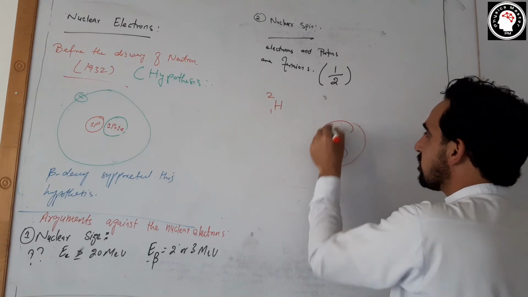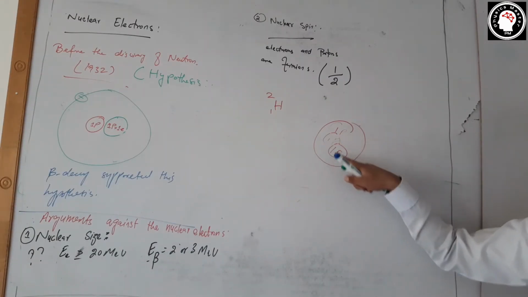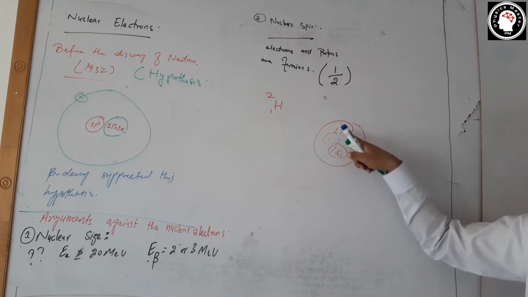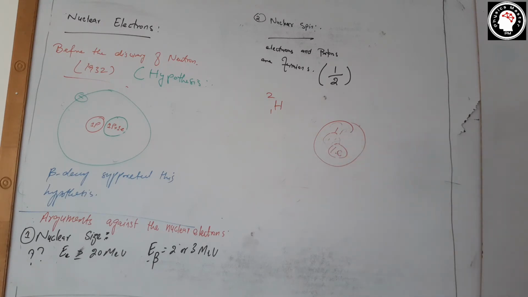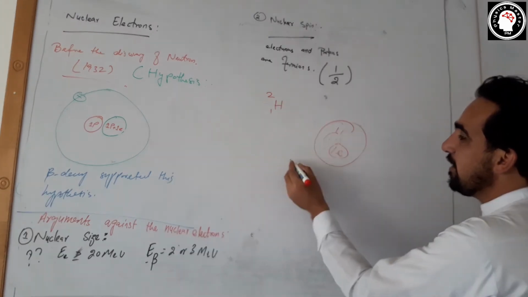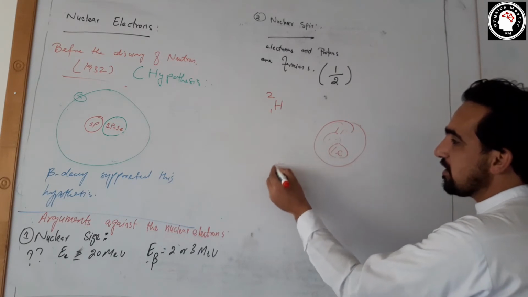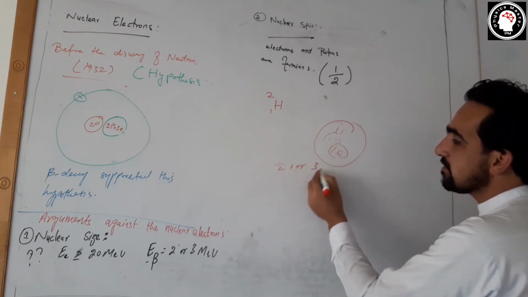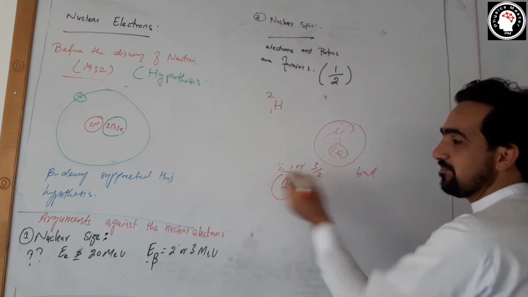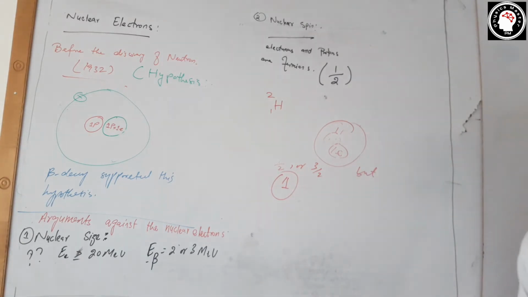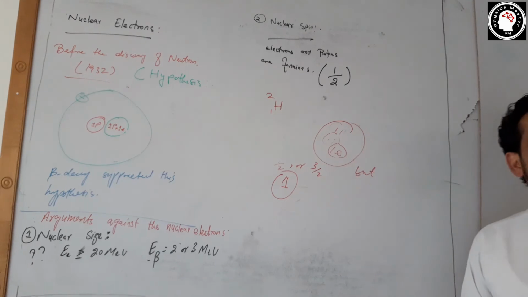So 3 particles must be there. 2 of them will account for the plus minus charge, that will be 0, and we have plus 1 proton charge on the nuclei. But the spin of this nucleus should be either 1/2 or 3/2 according to this hypothesis, but it turns out to be exactly 1, which means that this hypothesis is not right.